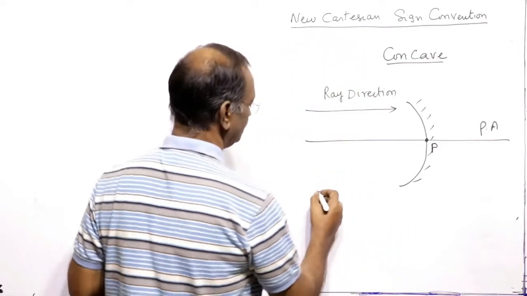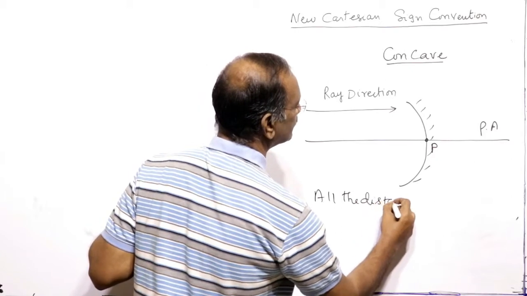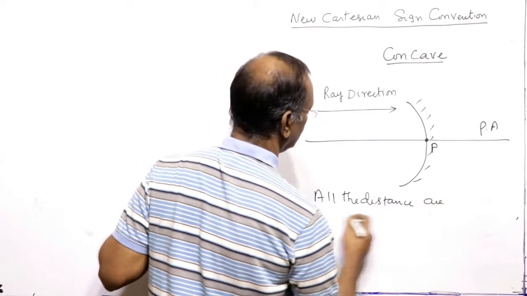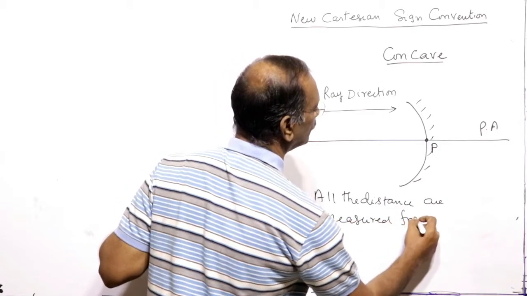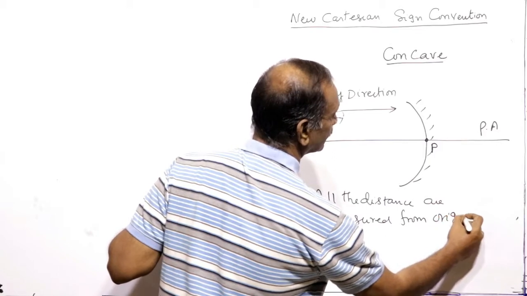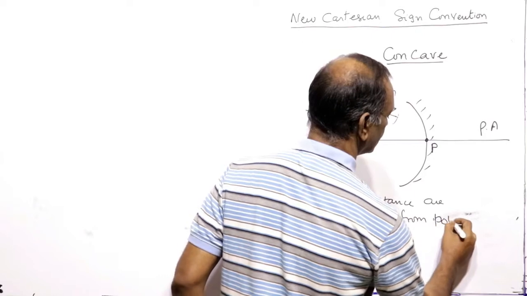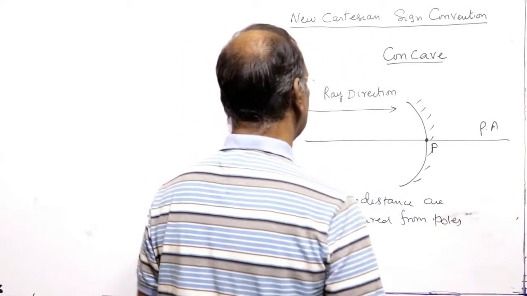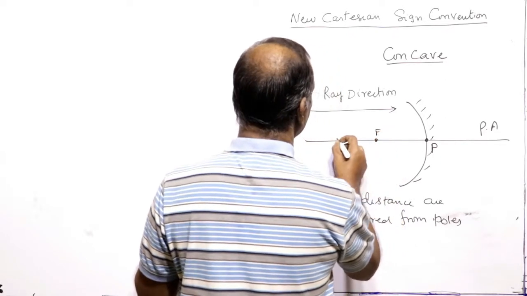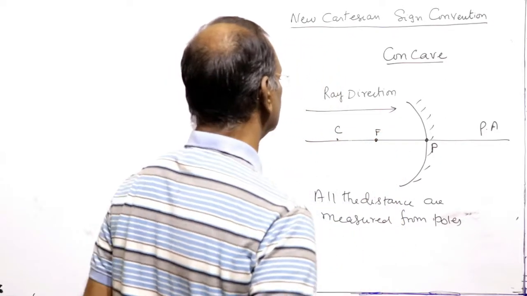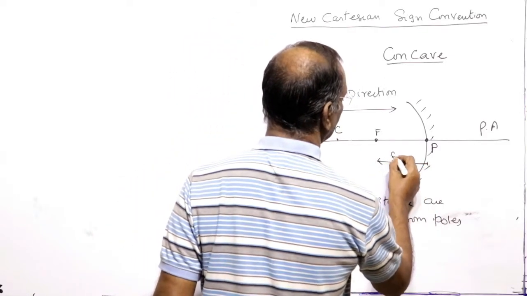That is, all the distances are measured from the origin, measured from the pole. If you are measuring the direction, this is the focal point, this is the center of curvature. The distance we measure from the pole to this is the focal distance.